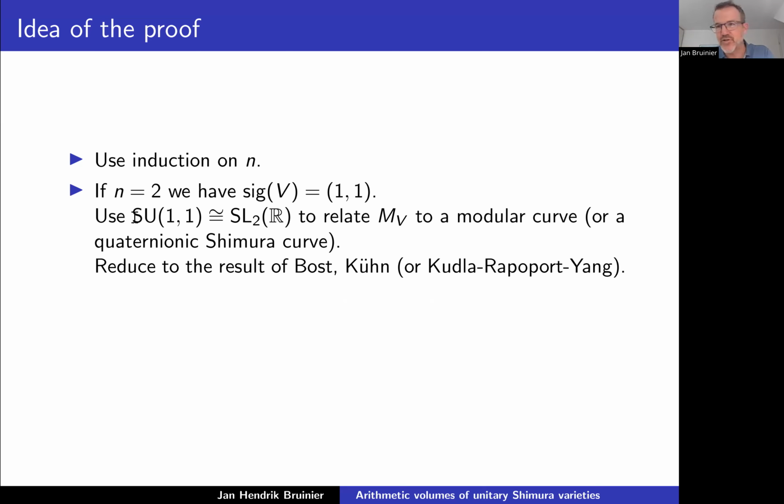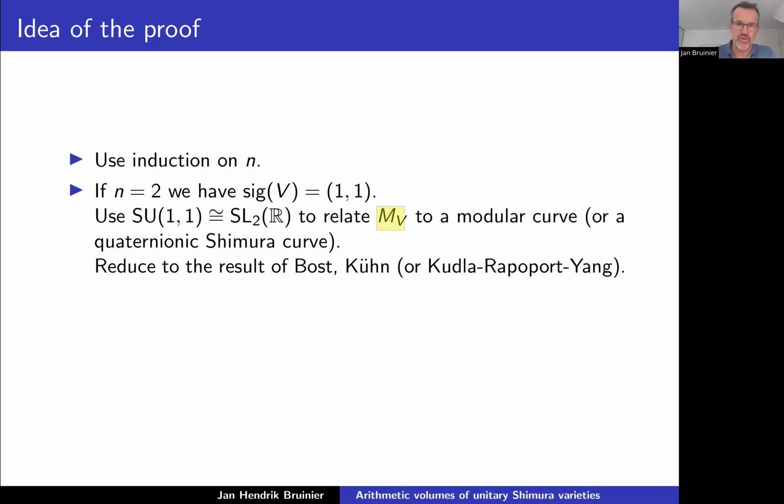These unitary Shimura varieties in this case basically boil down to modular curves or Shimura curves. This is because the special unitary group of signature 1, 1 is just SL2R. The corresponding Hermitian space is just the upper half plane. And so in this case, one can relate this Shimura variety MV to a modular curve.